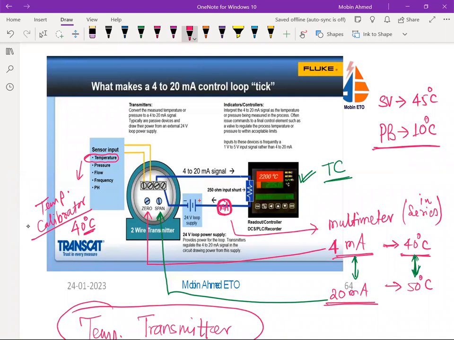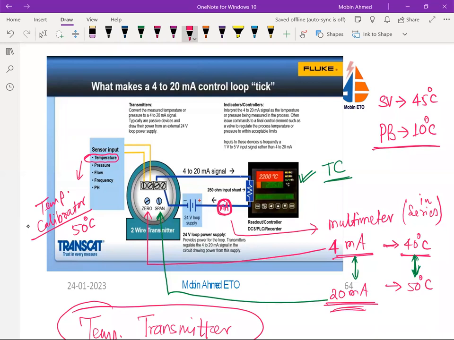When it reaches 40 degrees centigrade, it is supposed to read 4 milliampere. If it is not reading that, then set it by the zero. If it is a new transmitter, then you need to set it from the zero port, and make it 4 milliampere. Now increase the temperature to 50 degrees centigrade, adjust it by the span and bring it to 20 milliampere.